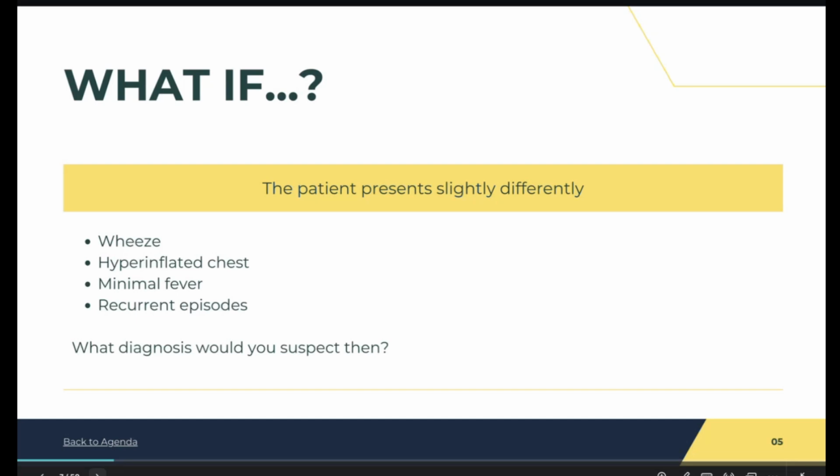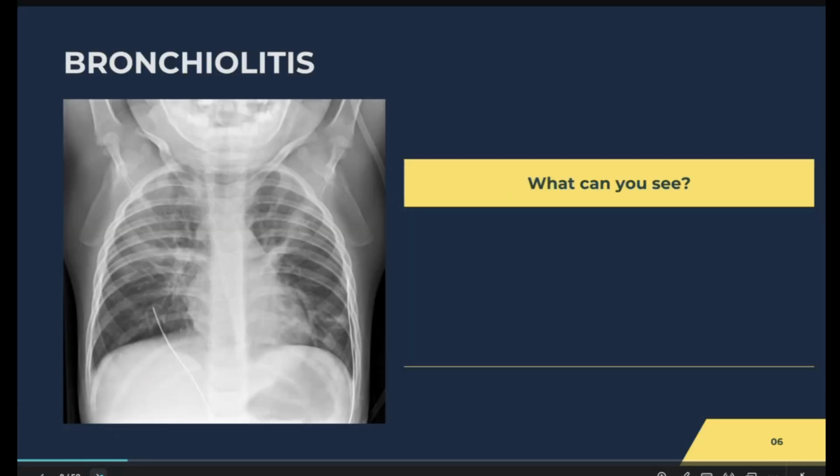Because in pediatrics, we usually say asthma comes if you're 5 years or older, I believe. Bronchiolitis, yeah. So that is a better answer for this presentation specifically. But if the child was, say, 8 years old, then asthma would definitely be a very good differential. So we took a chest X-ray, and what can you see in this image?